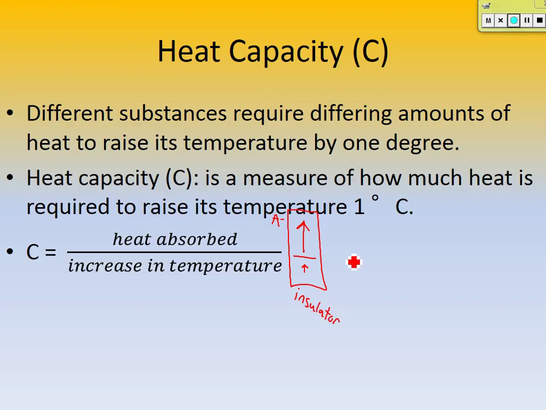Now let's talk about the opposite of that. Okay? What about if the heat absorbed was very small, but the temperature difference was huge? So let's call this one B. Is B an insulator or a conductor? It's obviously a conductor. How come? Why is it a good conductor, though?